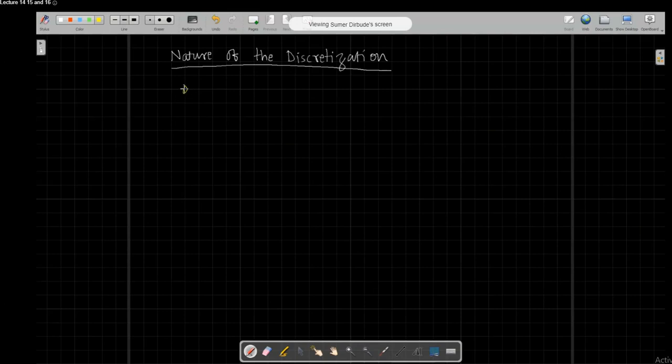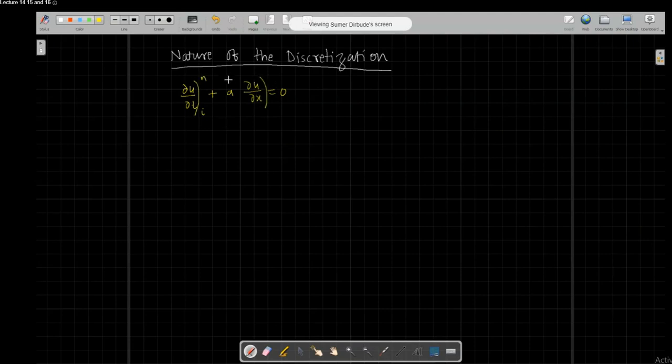As an example, we'll consider a wave equation only. So this wave equation, where A is positive. Now we want to discretize this at I and at N.